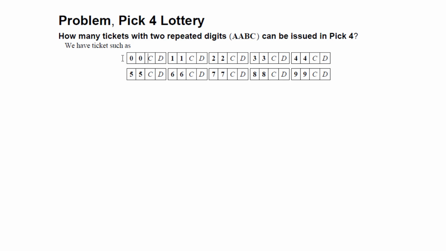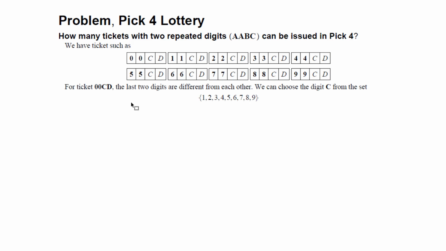So we are now counting all the possibilities, and for each such ticket we can permute the digits in 4 factorial divided by 2 factorial ways. But the question is how many ways we can choose C and D. That's a very important question.